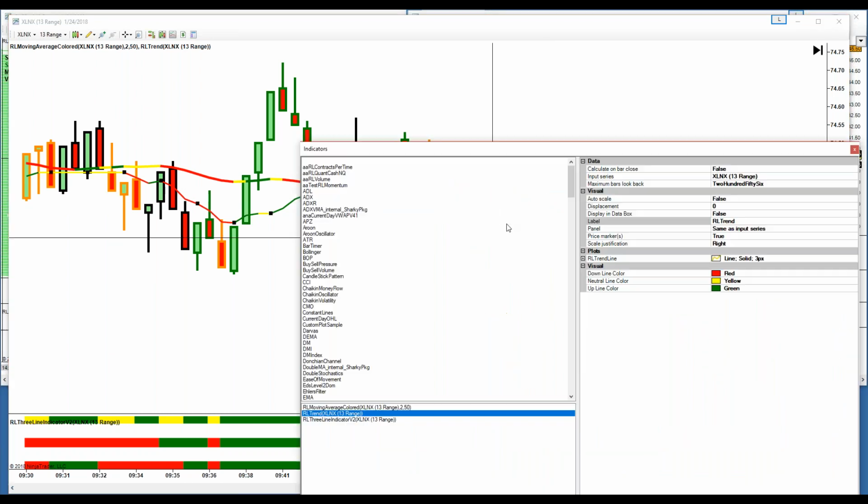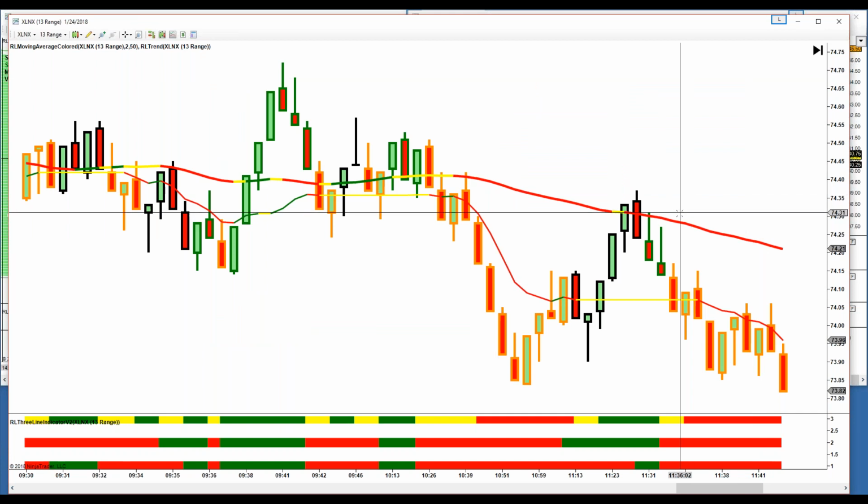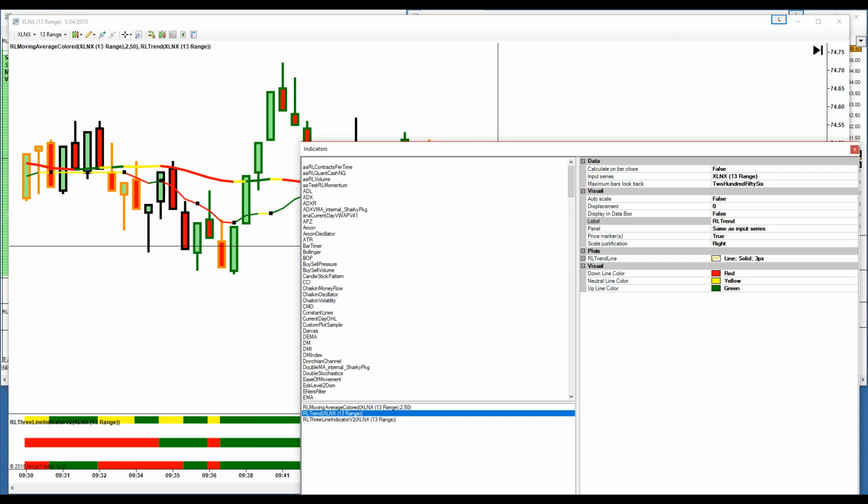This is a proprietary 15. If you're interested in it as part of this package, you'll have to send me an email or a call, and I will add it at a small additional cost. It's one of our cleverest and most effective indicators we have. We call it the 15-period trend, and it's an amalgam of a 15-period moving average and an ADX line.